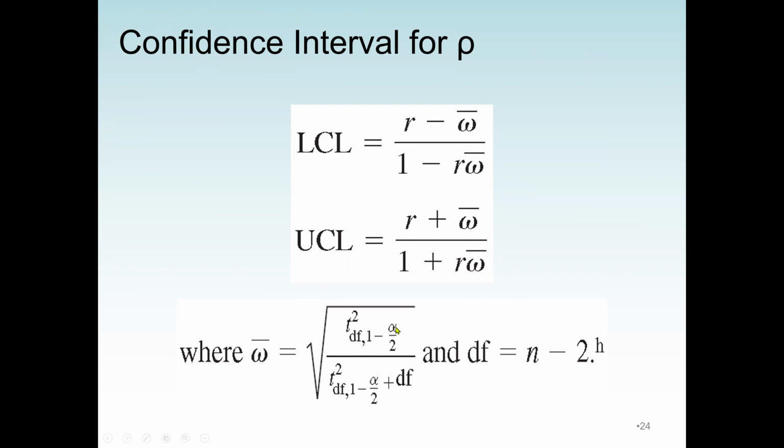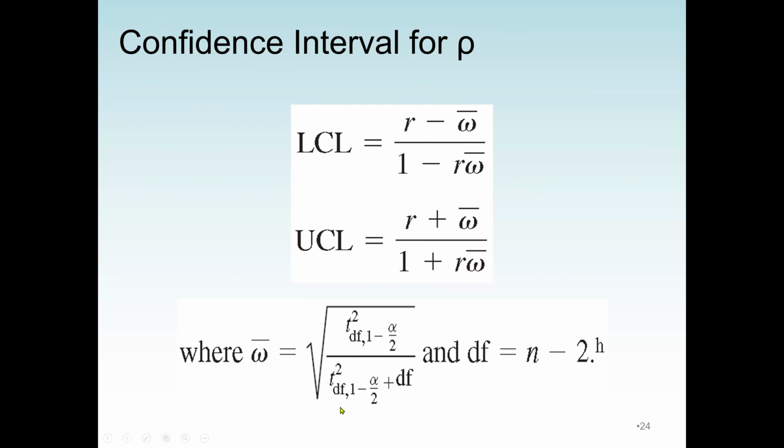Remember, if alpha is 0.05, we get 0.975 here, which, if it's a Z, will give us 1.96. But when we get the value 0.975, depending on the degrees of freedom, we go and look for this value, and that will give us the value we are looking for.